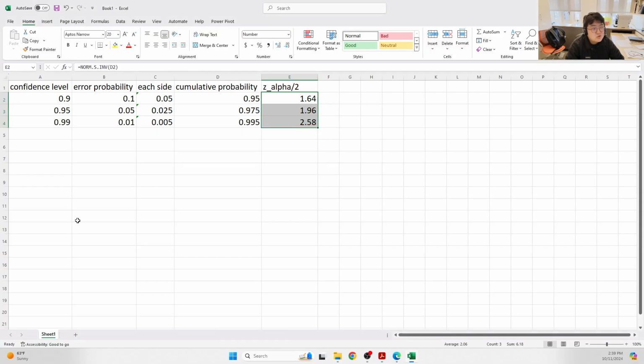So if you want to use an unconventional confidence level, that is also possible. For example, if you are willing to allow 20% error, I mean an 80% confidence level, then you only need 1.28 multiplied by the standard deviation.